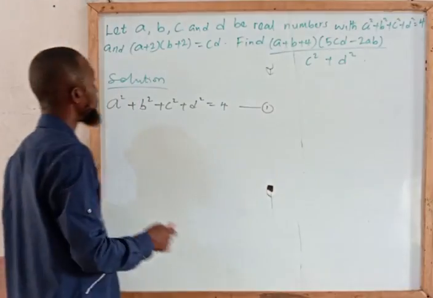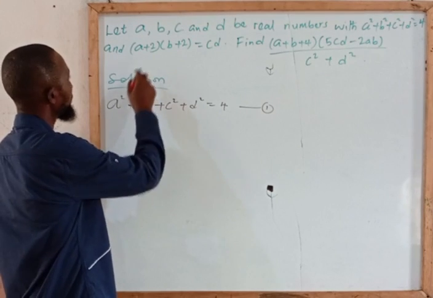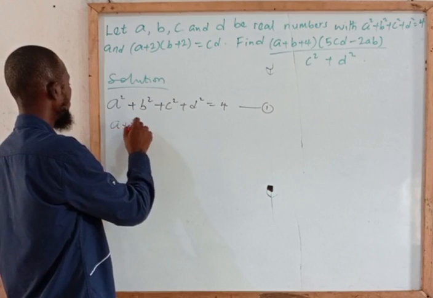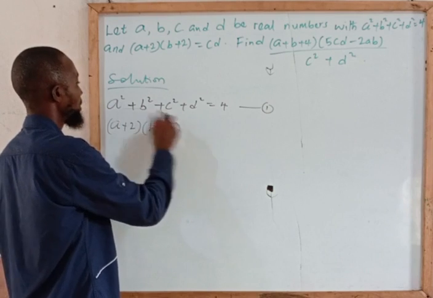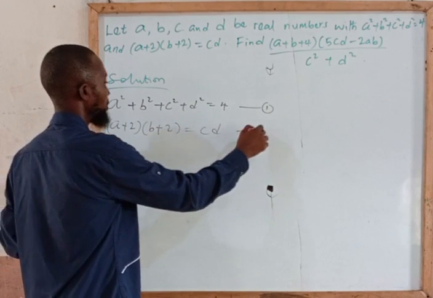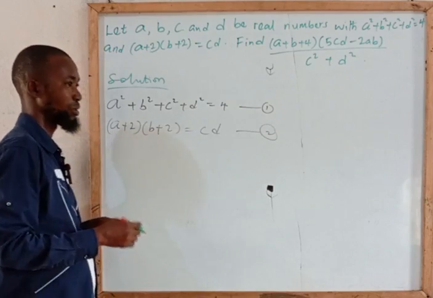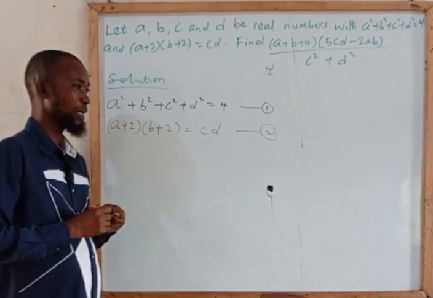We can name it equation 1. And we also have (a + 2)(b + 2) is equal to cd. We can label this one equation 2, right?